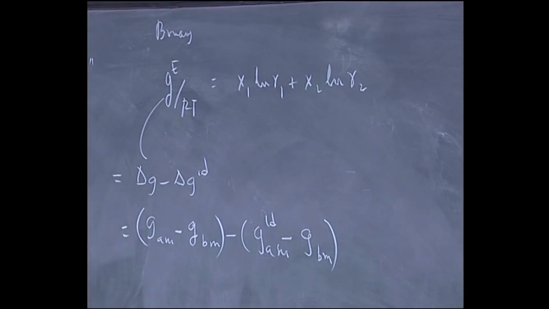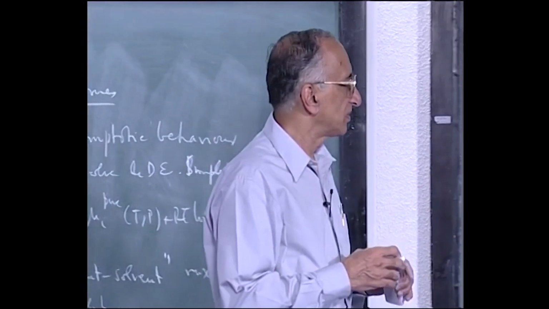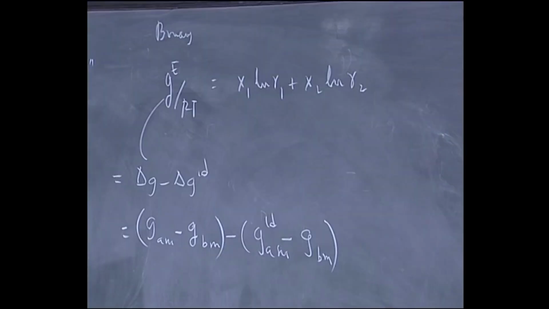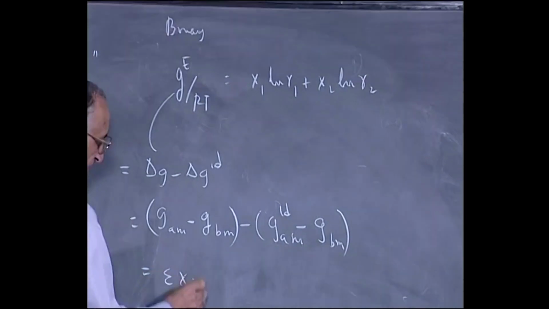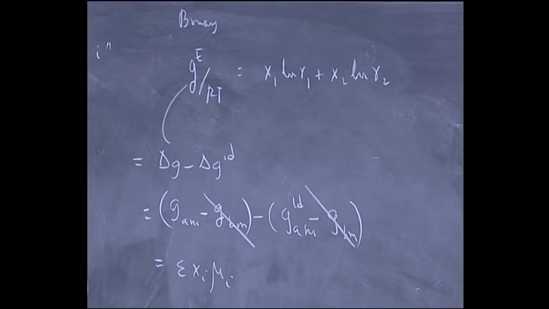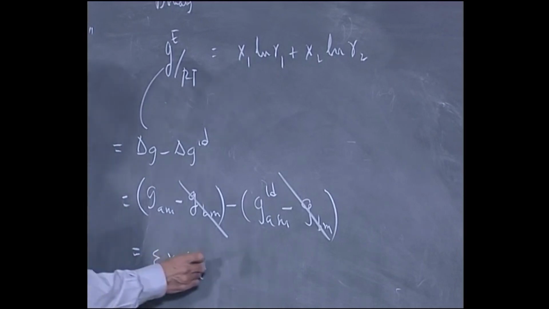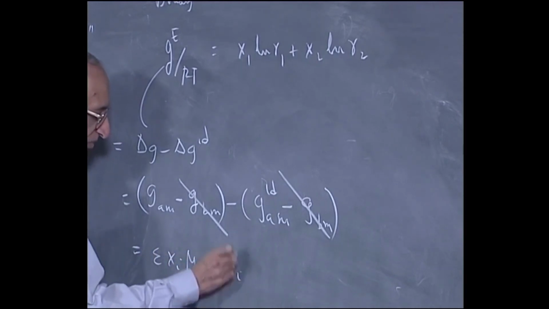Gxs by definition is delta G minus delta G ideal. So this is G after mixing minus G after mixing ideal. G after mixing is sum over xi mu i, these two will cancel. Before mixing, these two will cancel. I am looking at the ideal mixing process now. Xi mu i minus mu i ideal.